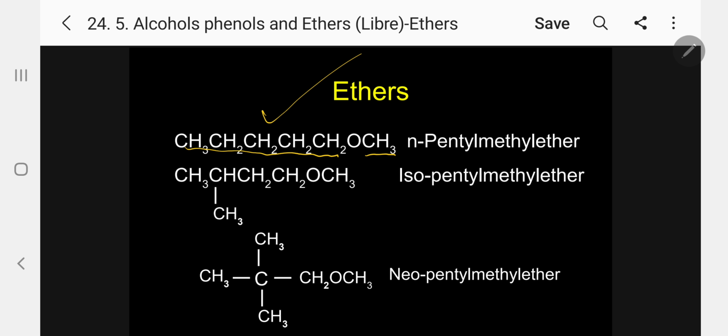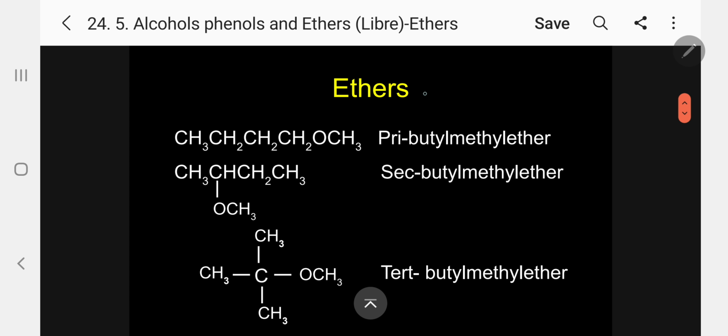So it is N-pentyl methyl. Why are we calling it N-pentyl? The highest hydrocarbon is the parent chain. So it is N-pentyl, normal. Then the same you are writing in the iso form. So isopentyl methyl ether. Here is neopentyl methyl ether. It is based on the arrangement of carbon atoms. So this is the common name.